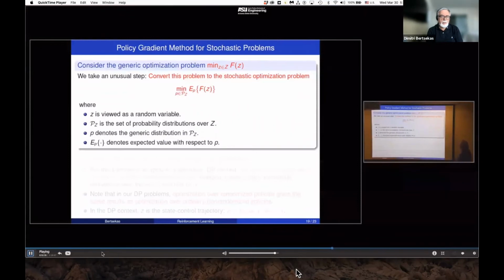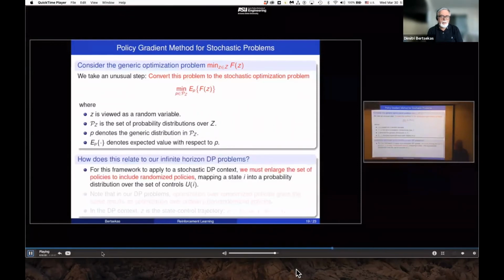So what does this have to do with our infinite horizon dynamic programming? How do I randomize a dynamic programming problem? I'm talking about the infinite horizon discounted problem. It already has some stochastics in there through the transition probabilities, but the variables of optimization, which are the controls, are deterministic.